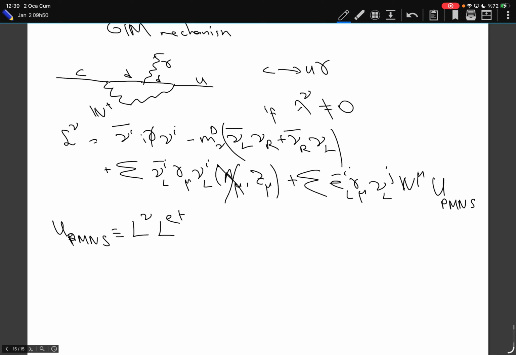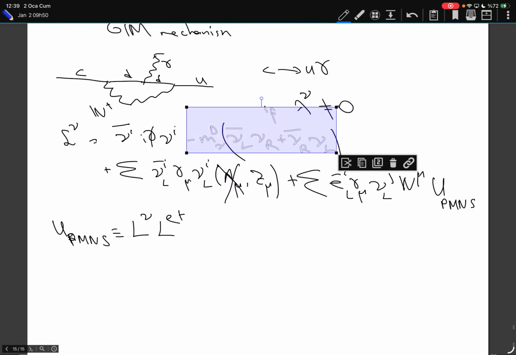Now, neutrinos are strange because you see here, I have a mass term. This mass term requires that I have a right-handed neutrino. Although I cannot observe the right-handed neutrino in any interaction except a gravitational interaction, if I have such a mass term, the so-called Dirac mass, the right-handed neutrino has to be there.